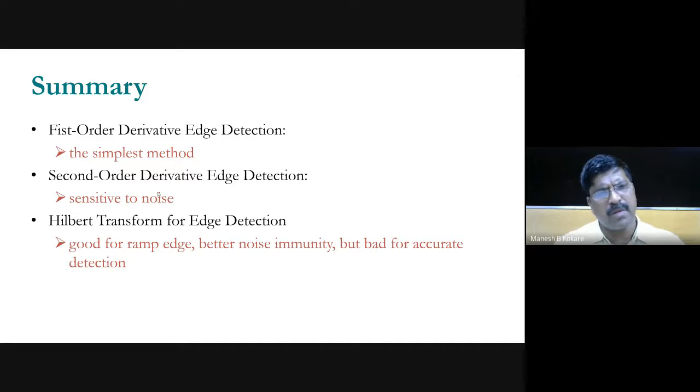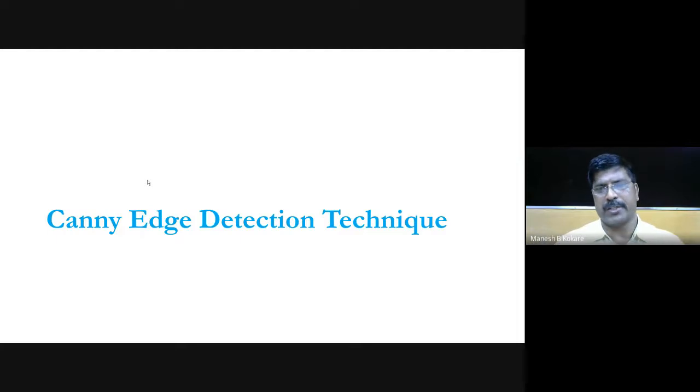Another technique is Hilbert transform based edge detection. This is good for ramp edge detection, and it also has better noise immunity, but it is bad for accurate detection. So the final champion of edge detection techniques is the Canny edge detection technique.